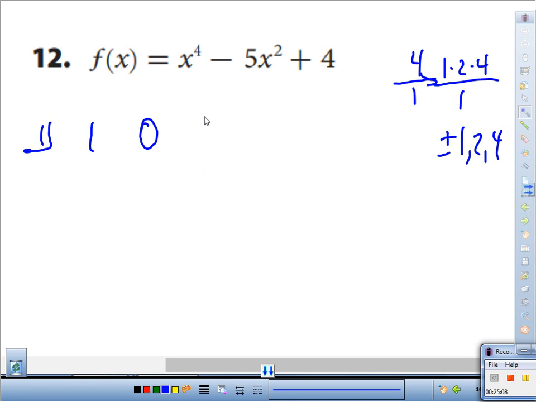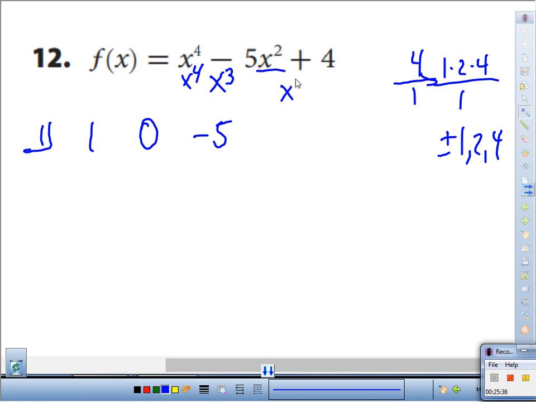So you're like, what? This is x to the 4th. Which one would be next? X to the 3rd. Do I have it there? No, I need to write a 0. What's next? To the 2nd, so then I write -5. What's next? X to the 4th, x to the 3rd, x to the 2nd. What is next?